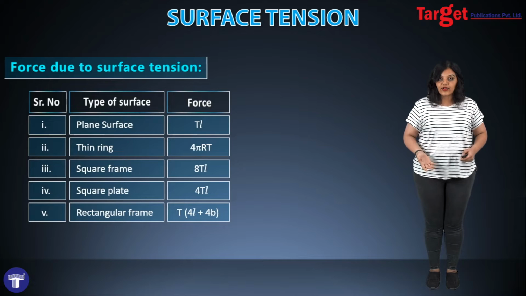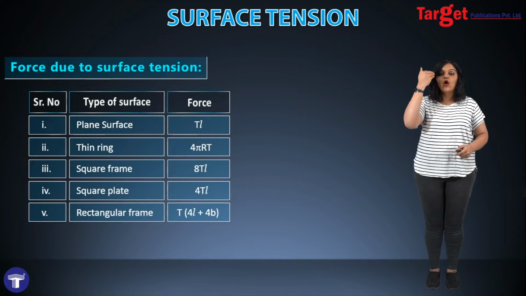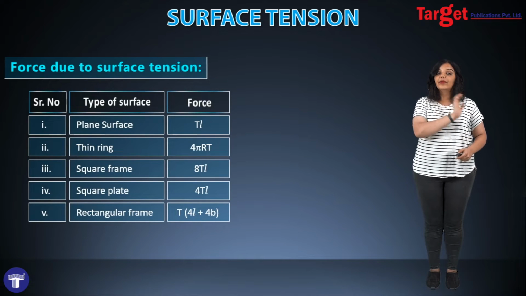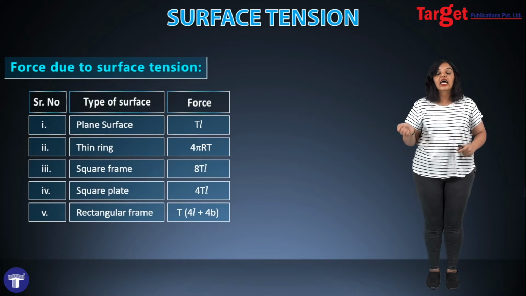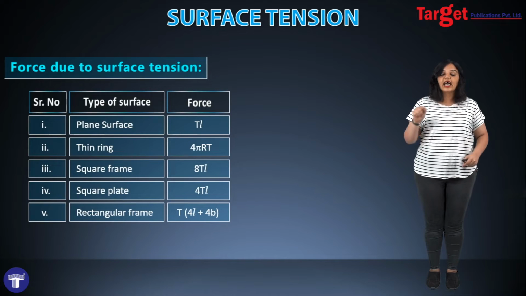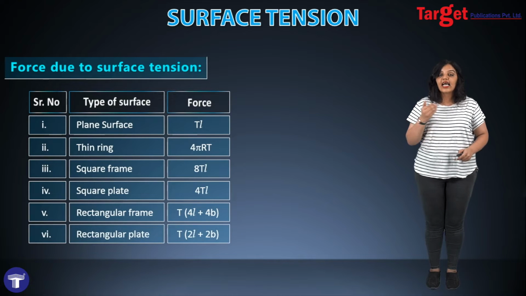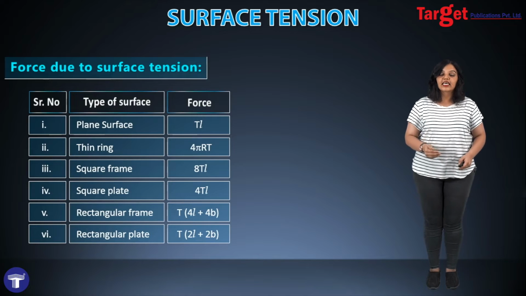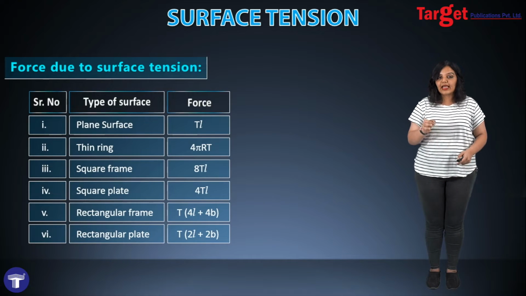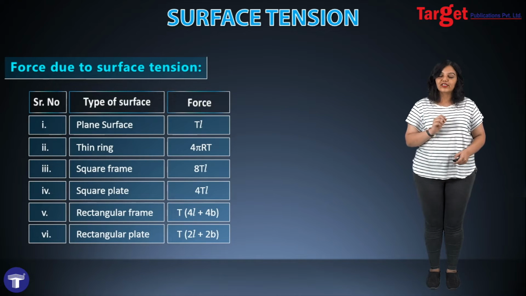In case of a rectangular frame, you have 2L on top, 2L below, 2B on the left, 2B on the right, and the same goes on the inside, and this gives me T multiplied by (4L plus 4B), and exactly half the perimeter will be counted in case of a rectangular plate. So this is how you can write down the magnitude of the force due to surface tension.